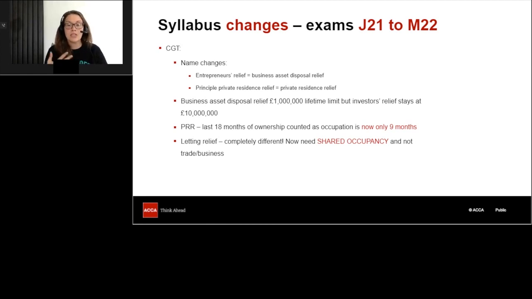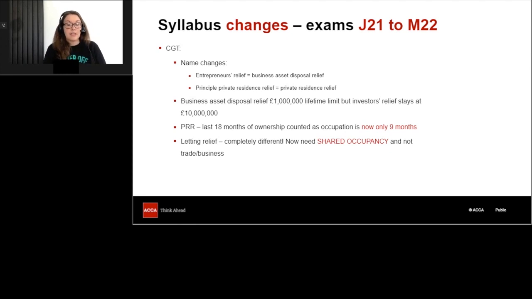So now you might just see a reference to PRR instead, meaning the same thing. So that's a very minor name change, but I thought it was worth flagging up to you because you might come across it in material, updated notes and technical articles, for example, and might just be worrying that that's something totally brand new. So a couple of name changes there to just watch out for.